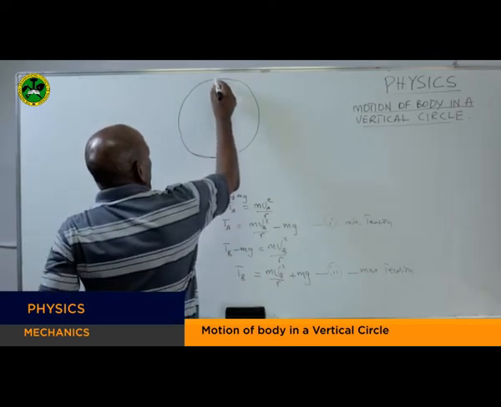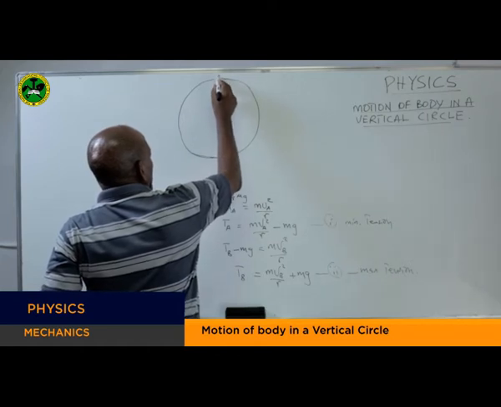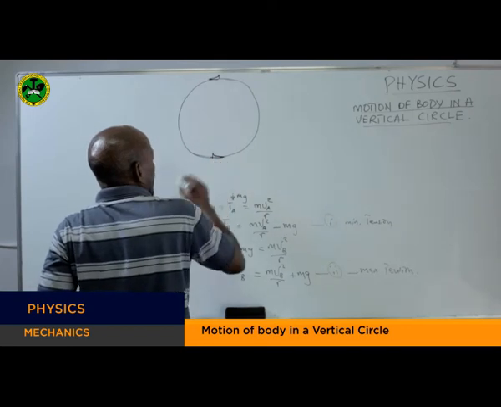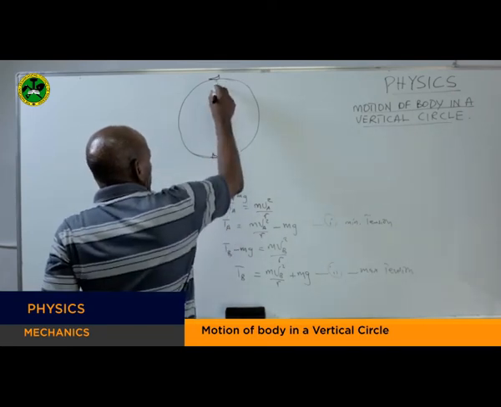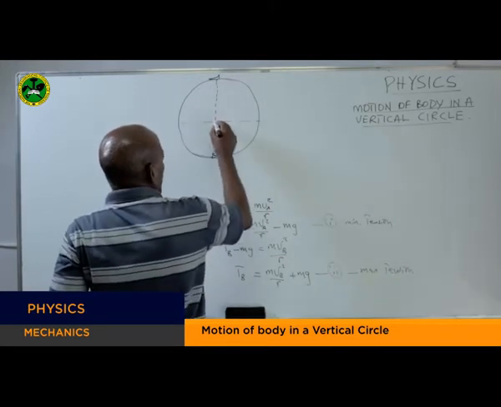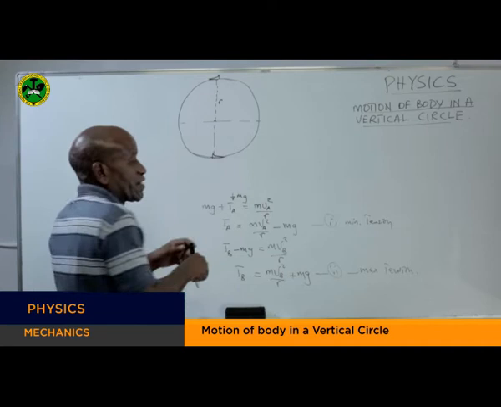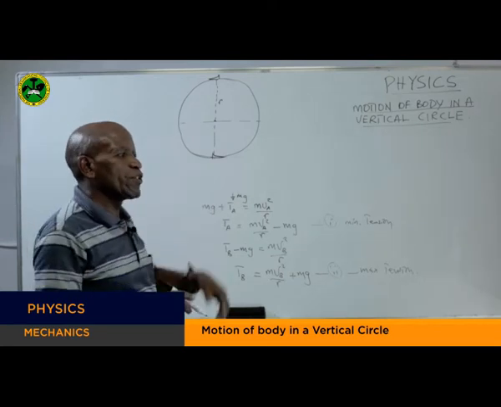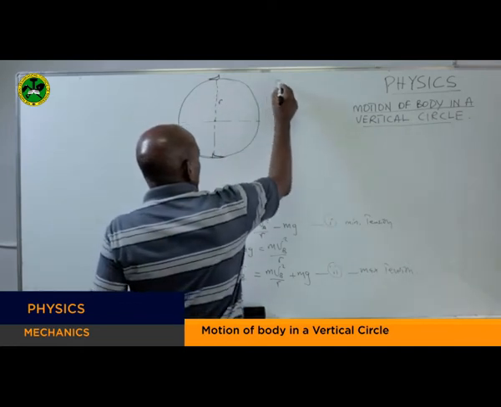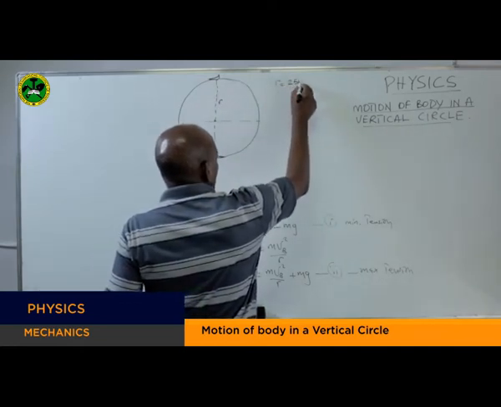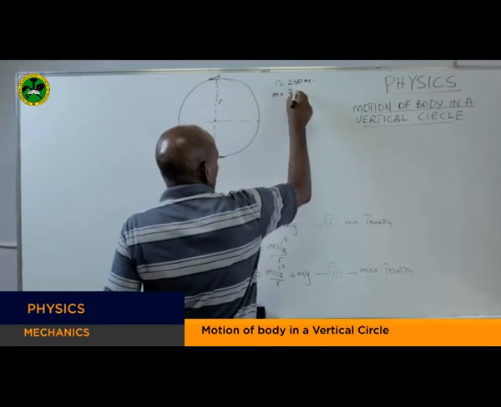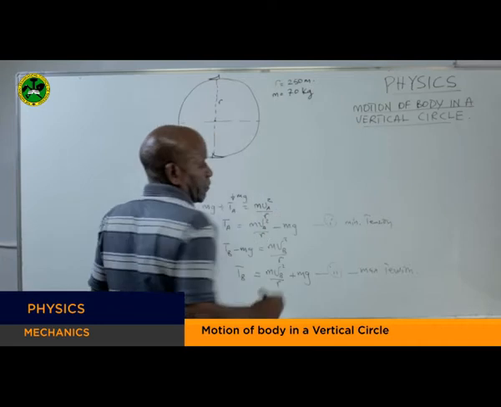Now, we are looking at the moment the plane is at the top there, and the moment the plane is down there. Therefore, if we take this to be the circular loop, the radius r there is 250 meters, and the mass of the pilot is 70 kilogram.